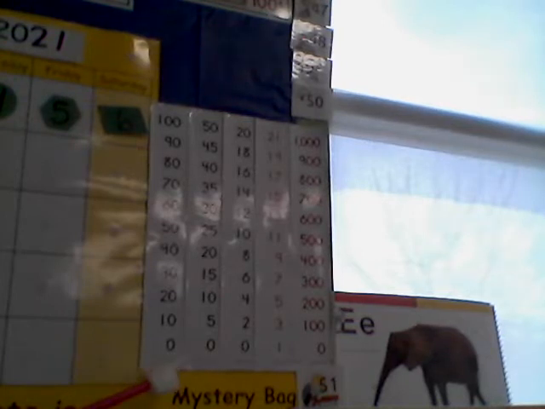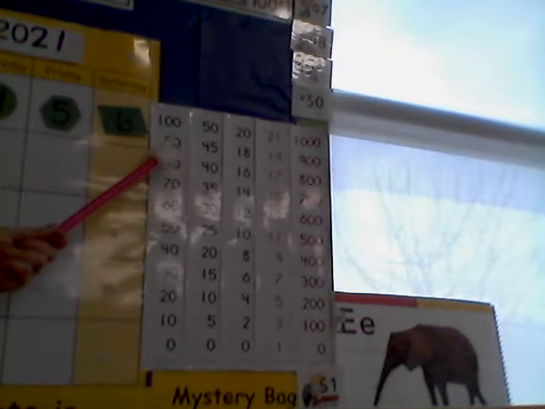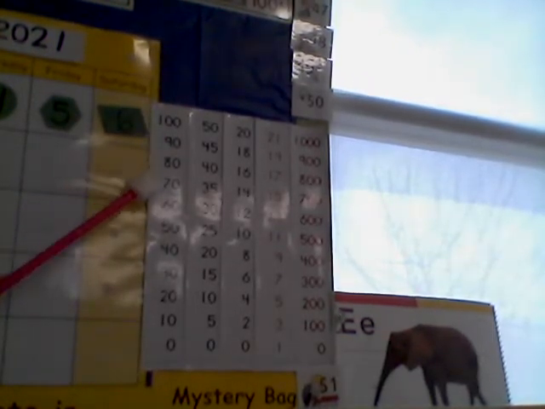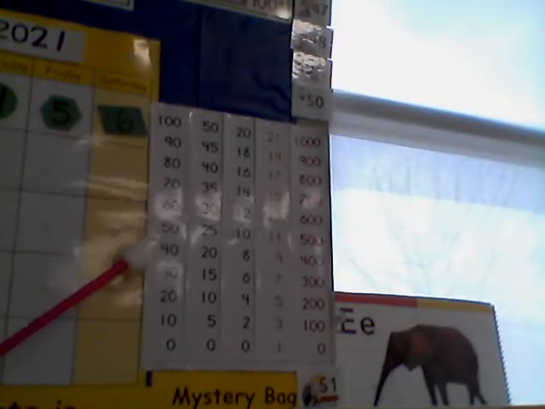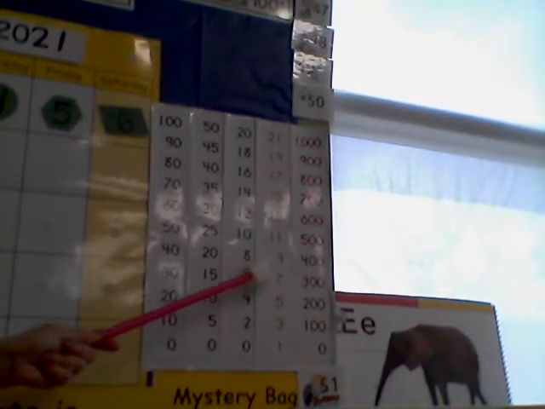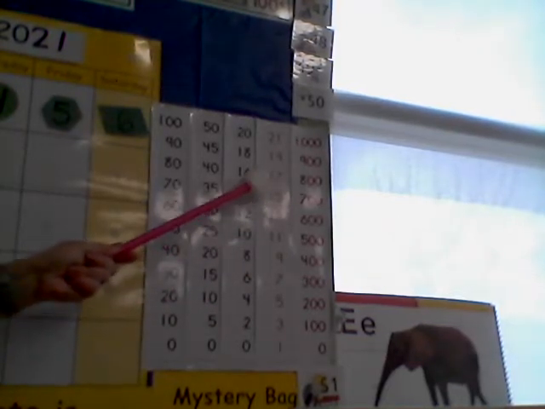By tens. 0, 10, 20, 30, 40, 50, 60, 70, 80, 90, 100. Let's count backwards. 100, 90, 80, 70, 60, 50, 40, 30, 20, 10, 0.